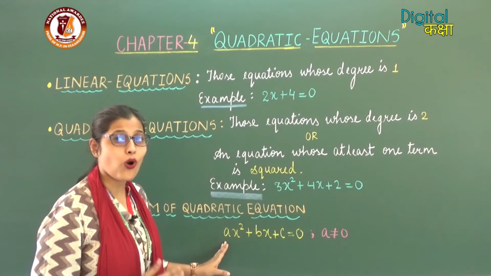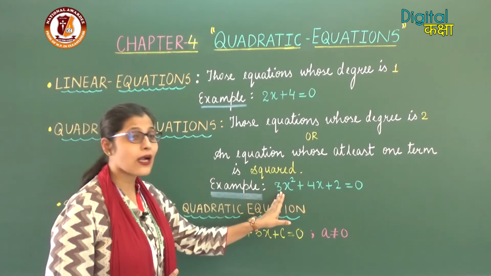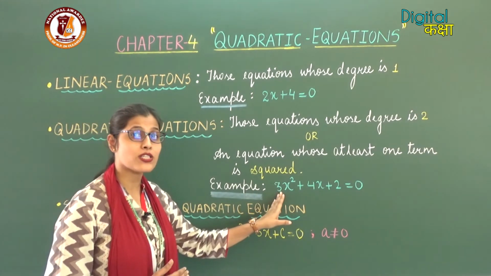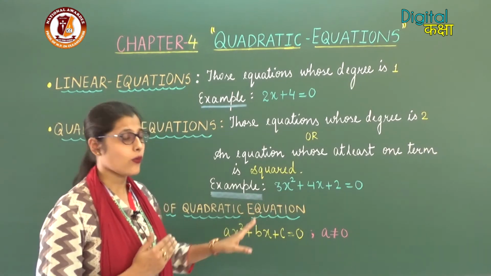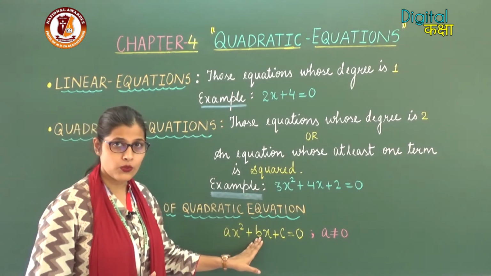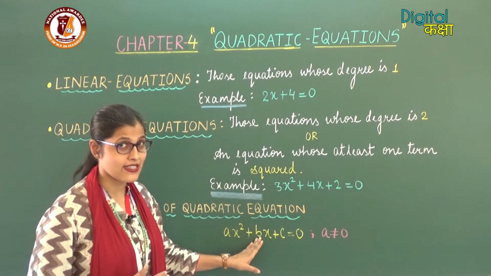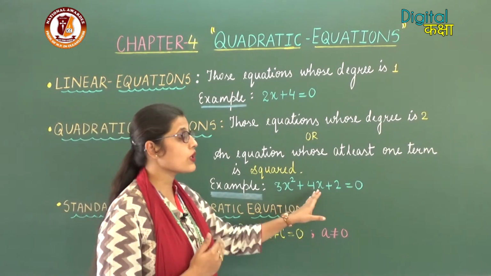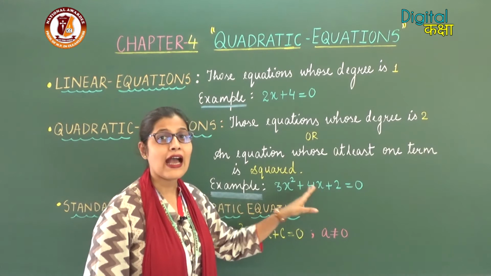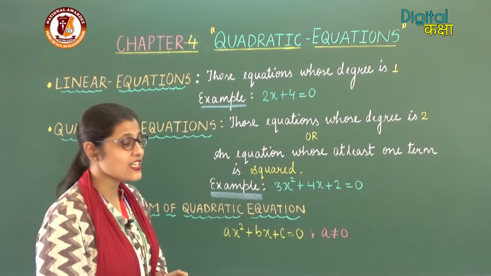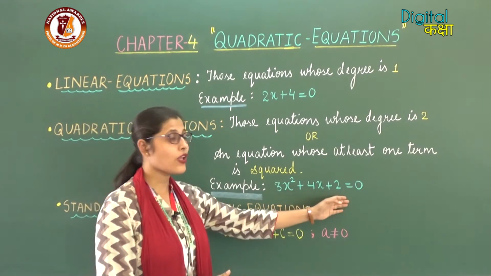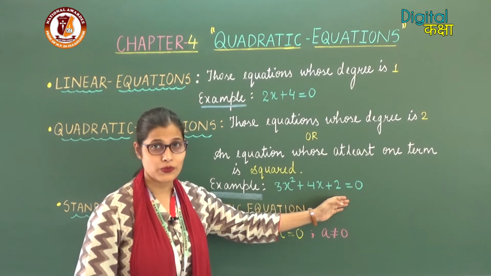The value of a on comparing will be 3. The value of b, which is the coefficient of x, will be 4, and the constant c will be 2.